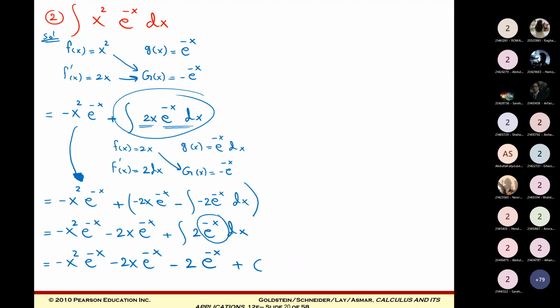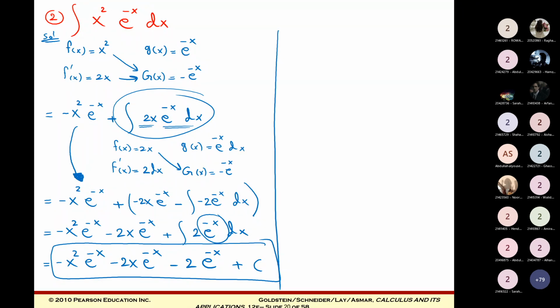So this is the result of the integration after applying integration by parts the first time and the second, twice.